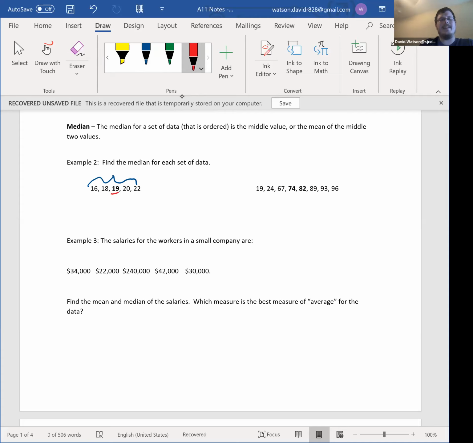If it wasn't already bolded like this, an easy way to find the middle is just keep crossing off the first and last. First and last, still have numbers left. First and last, we're left with one number. We know that's the middle now. So the median's 19, just the number in the middle.